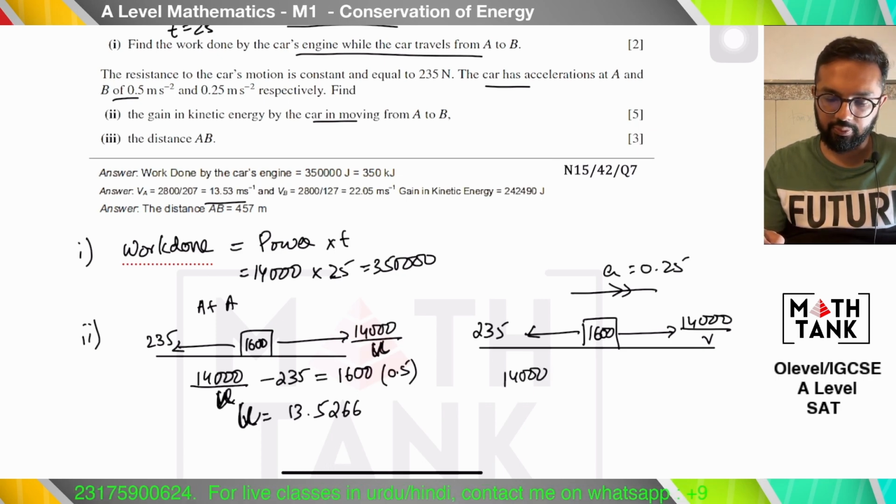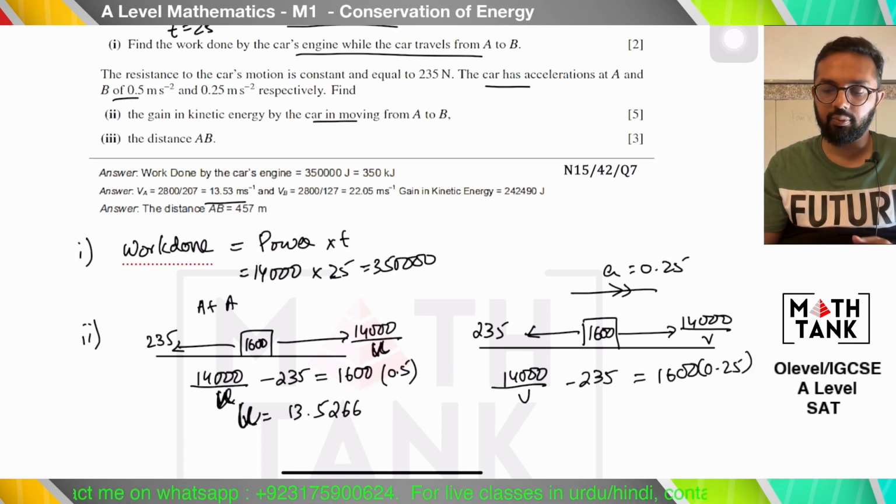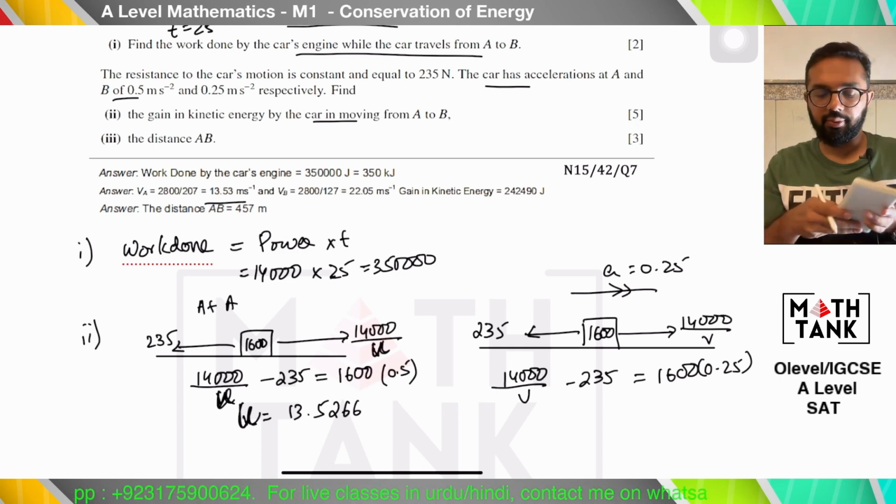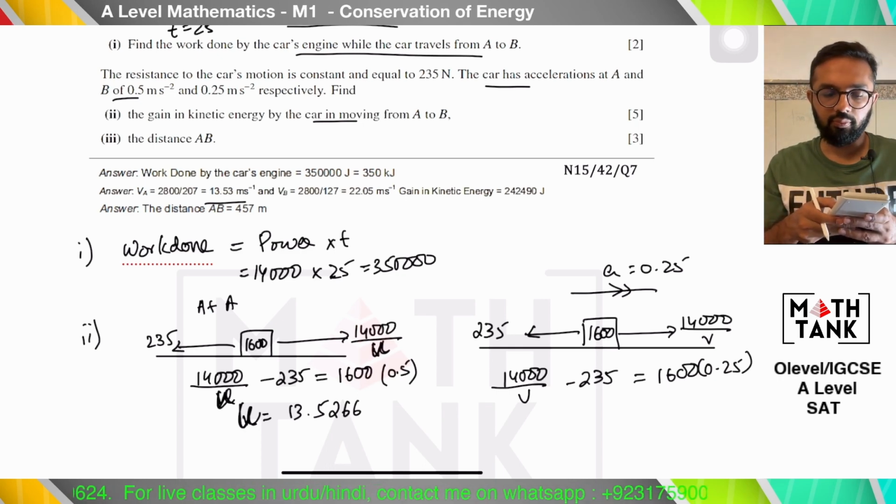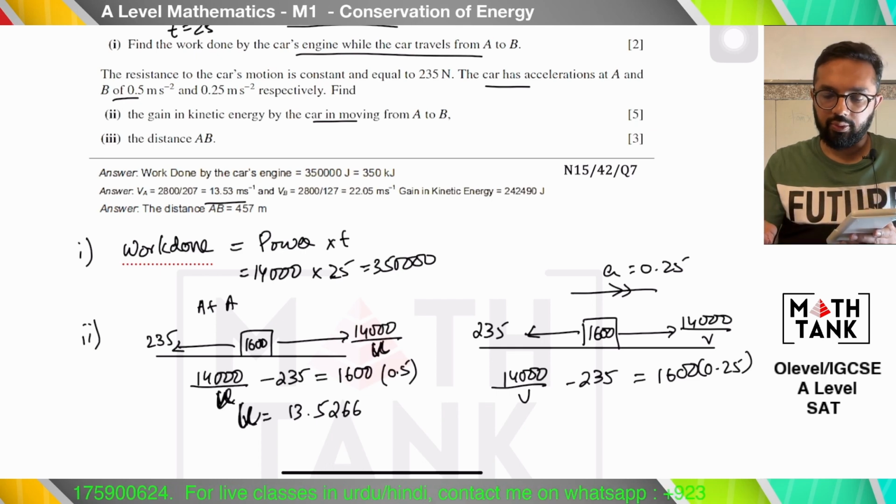So 14,000 over V minus 235 equals 1600 into 0.25 now. So that's 22.05.